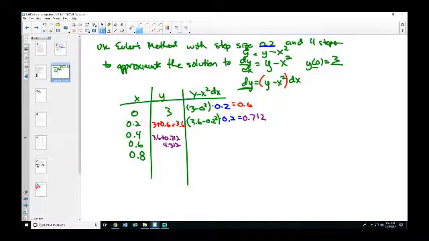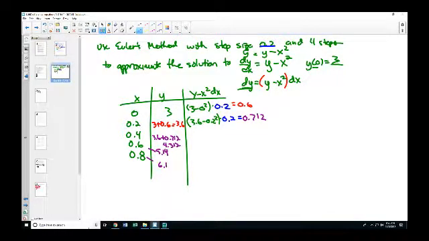Do you see what's going on? Yeah. So what you end up with is 5.14 here, and here 6.1.